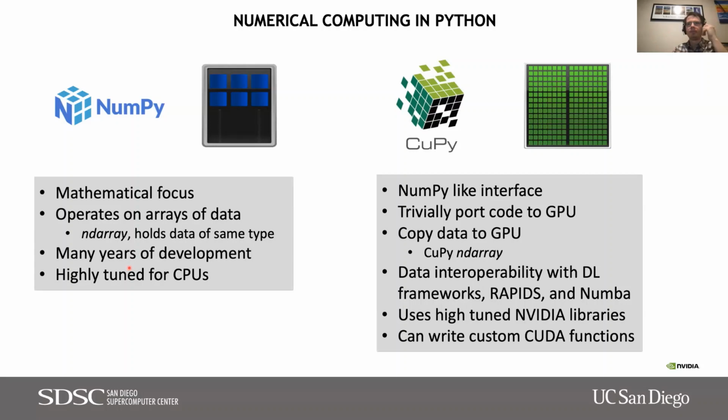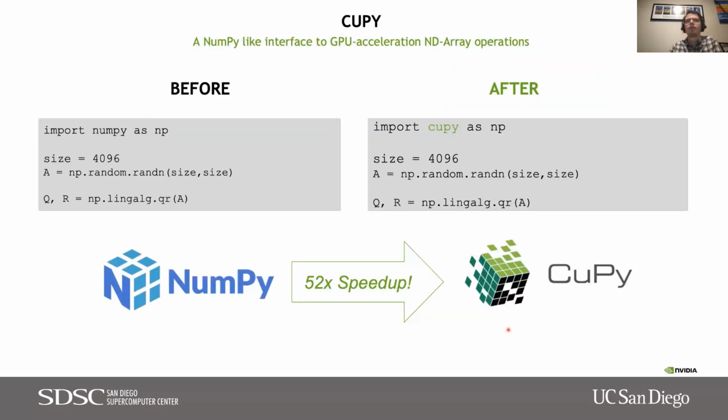NumPy is highly tuned for CPUs, and if you have NumPy code, it's very easy to get that over to GPUs, have the number crunching done on the GPU, and there's data interoperability with deep learning frameworks as well. There's the Rapids framework and Numba, and it uses these highly tuned NVIDIA libraries. You can also write custom CUDA functions. I've never done that, but if you know CUDA, then it can't be very hard.